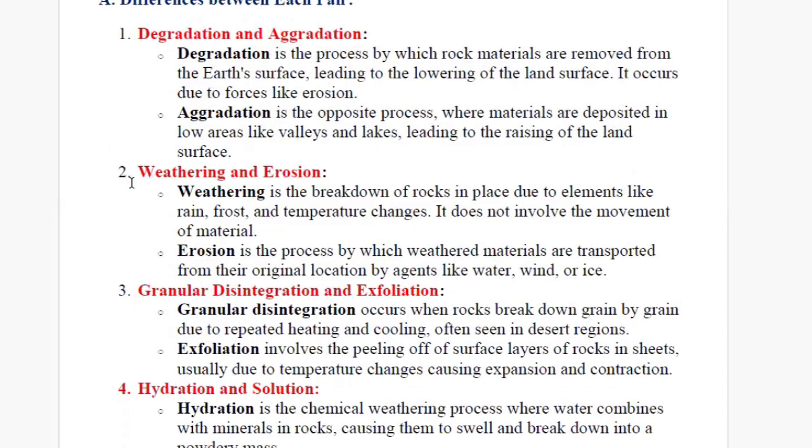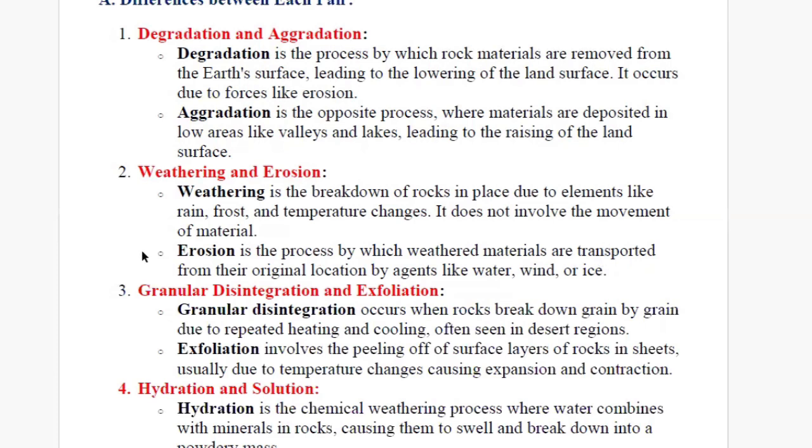Now we have to differentiate weathering and erosion. Weathering is the breakdown of rocks in place due to elements like rain, frost, and temperature changes. It does not involve the movement of material. And erosion is the process by which weathered materials are transported from their original location by agents like water, wind, or ice.